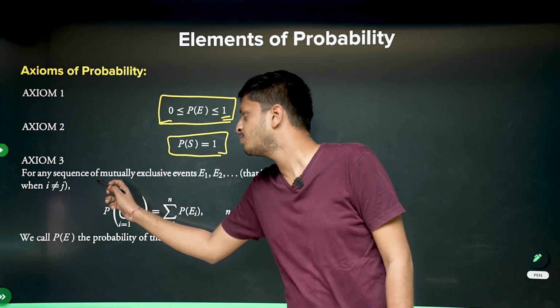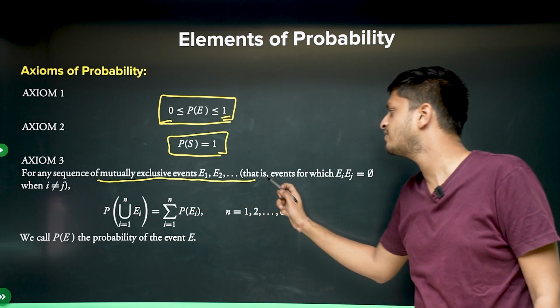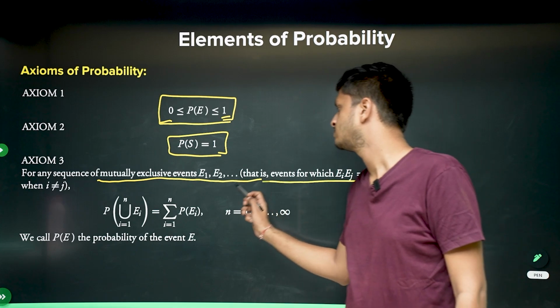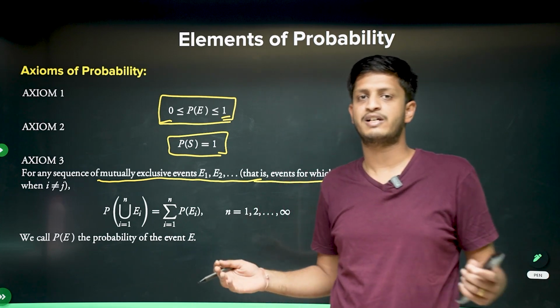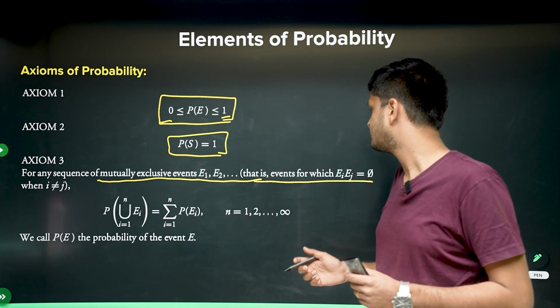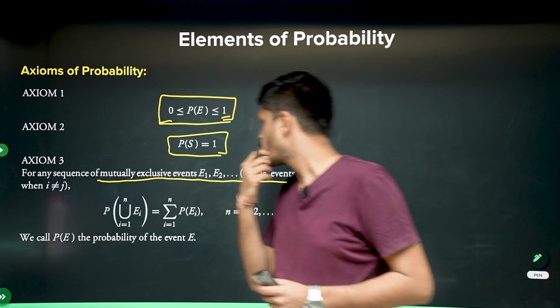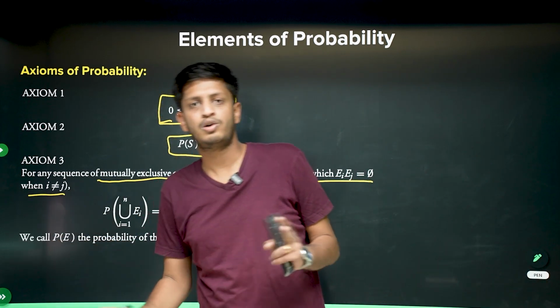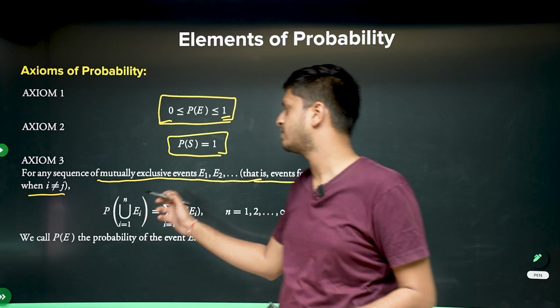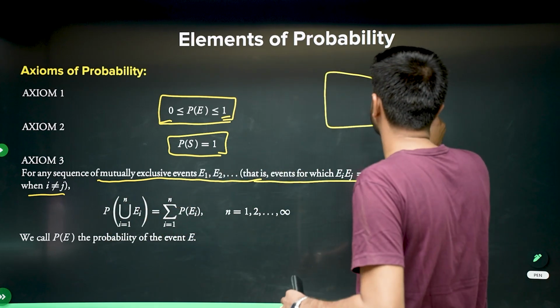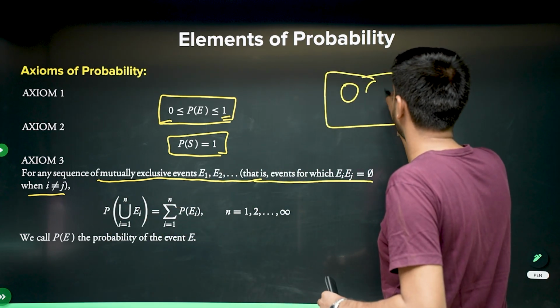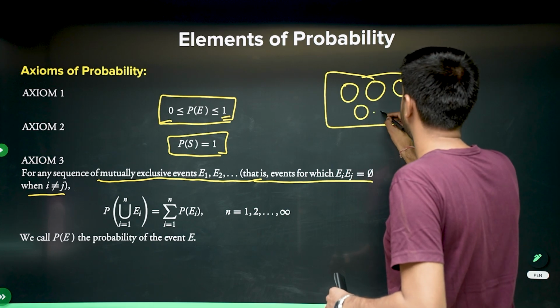Now there is an axiom for any sequence of mutually exclusive events, E1, E2. Let's say we have a few events which are mutually exclusive. It means that any two of them are exclusive. They have nothing in common. E1, E2, E3, E4, En.